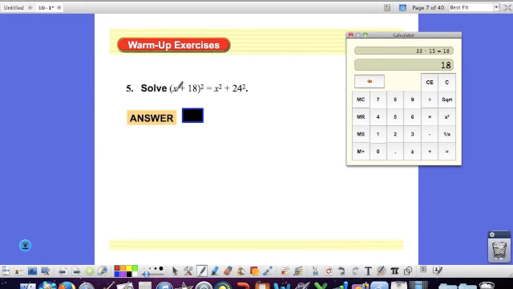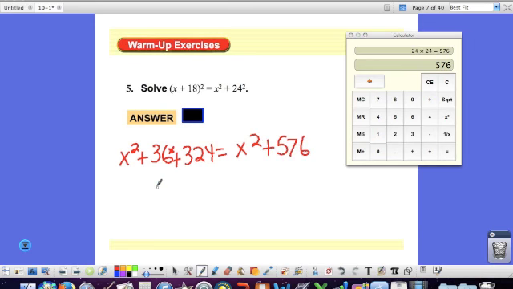So let's work this out. x plus 18 times x plus 18 is x squared, 18x plus 18x is 36x. Double checking that because it's Sunday and I'm not thinking. And 18 squared is 324. And that's 36x there, equals x squared, 24 times 24 is 576.